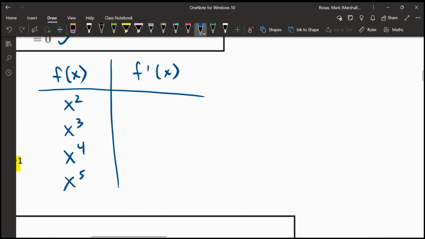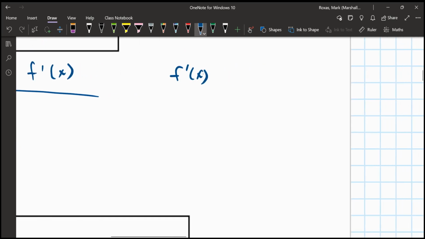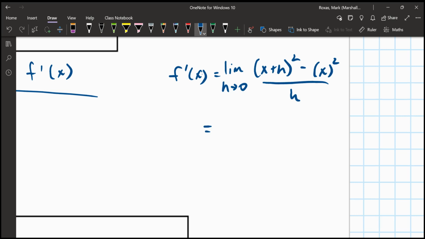Okay, and what I mean by that, if you forget, first principles definition, so f prime x, if I take x squared, for example, is just going to be the limit as h approaches 0 of (x plus h) squared minus x squared over h. And what does that simplify to?